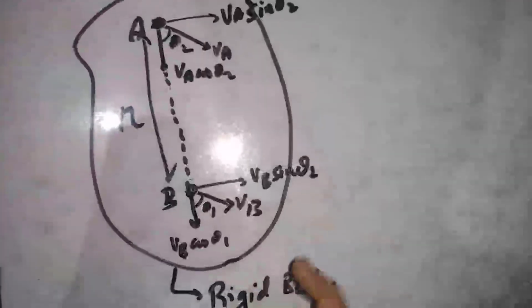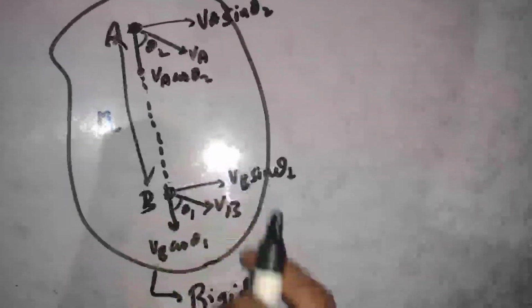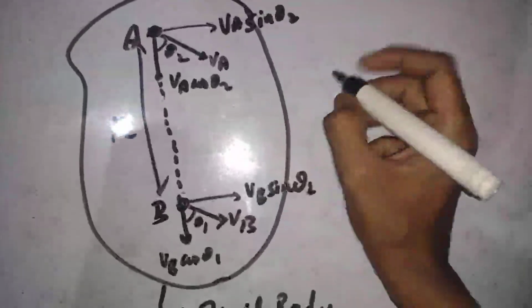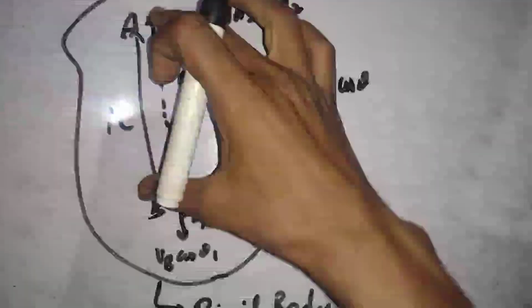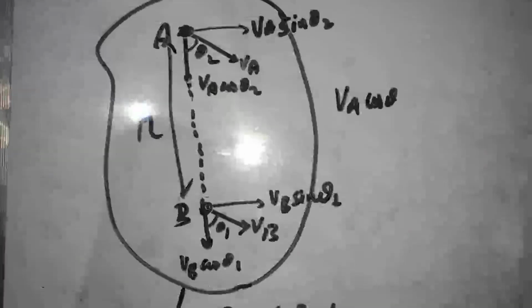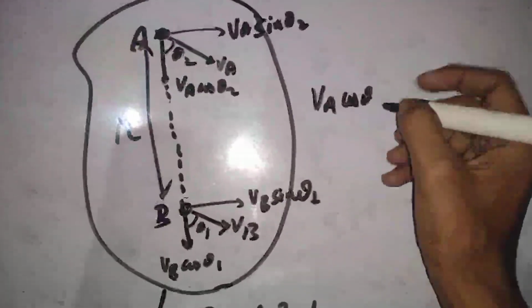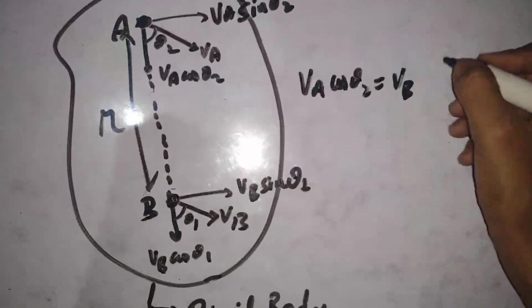And why is their separation constant? Because it is given that they are part of a rigid body. Therefore their separation will be constant only if this condition holds: their velocities along the line joining them should be the same.